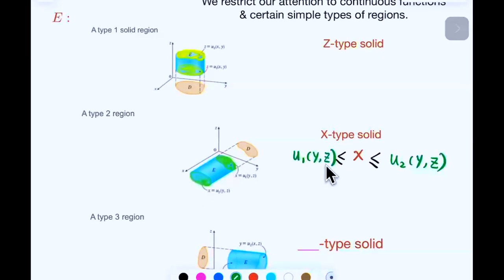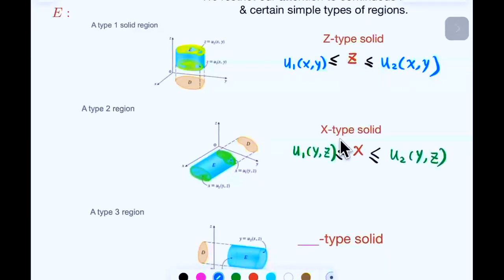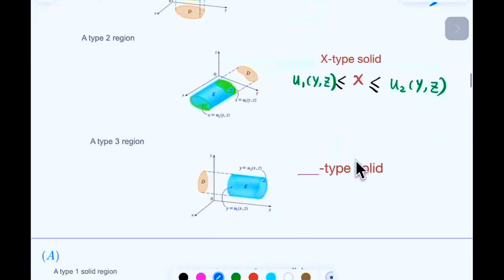Now for the Z type over here, let me try to make it easier. The Z over here is going to be greater than or equal to what? Yeah, you got it. It's U1 of X, Y and less than or equal to U2 of X, Y. So that's the Z-type solid, and this is the X-type solid. Similarly, I'm going to call this a Y-type solid.